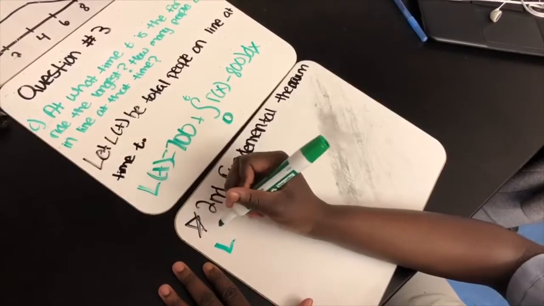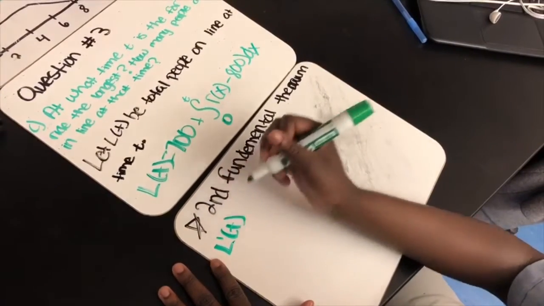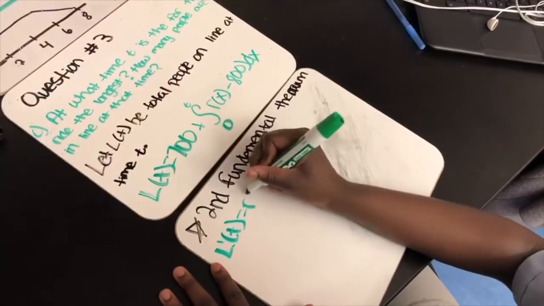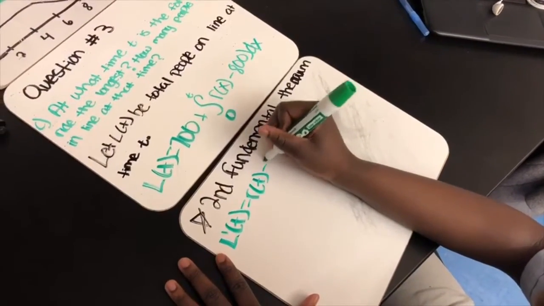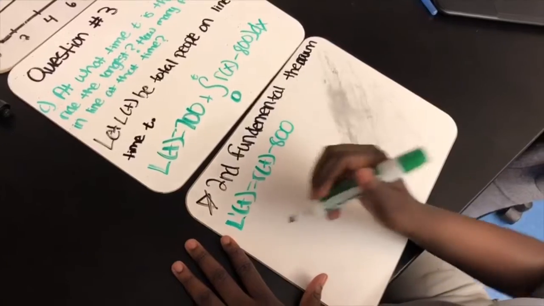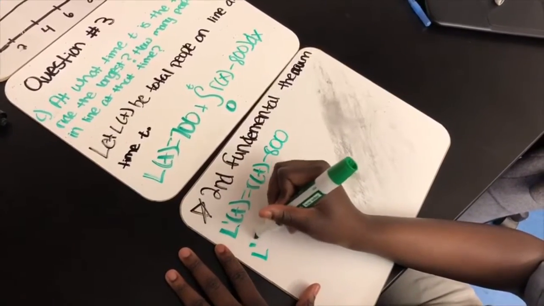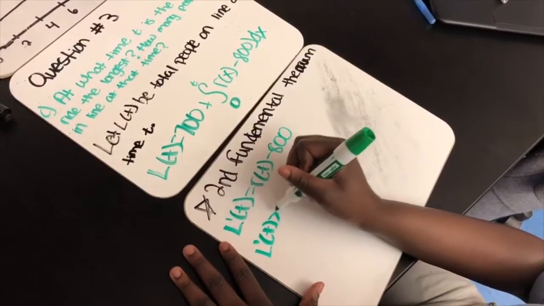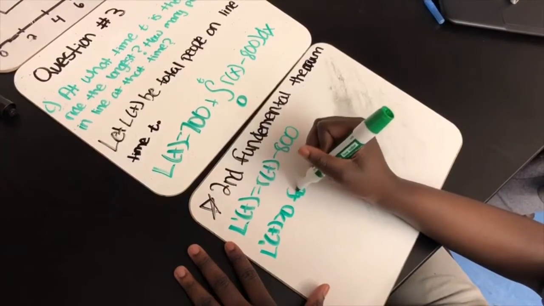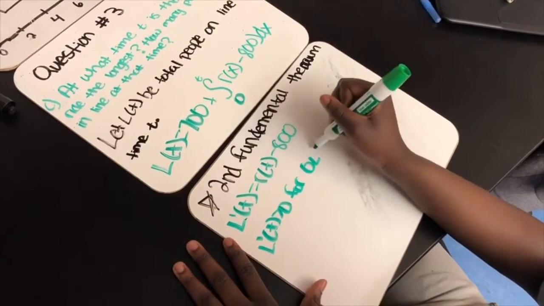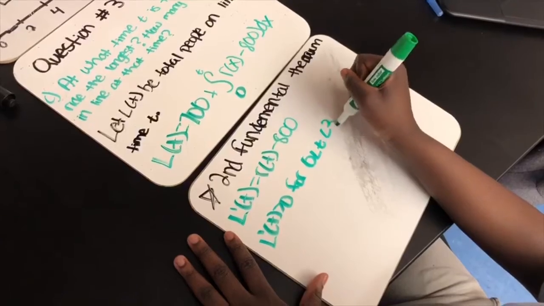As you use the second fundamental theorem, you write L prime of t is equal to r of t minus 800. Remember that. So L prime of t is greater than 0 for 0 less than t less than 3.